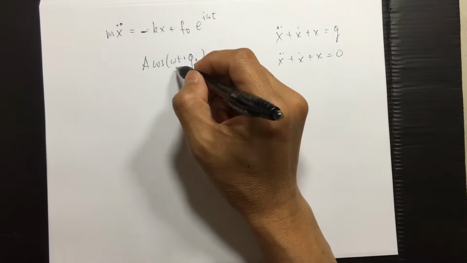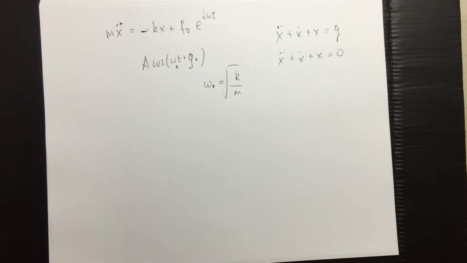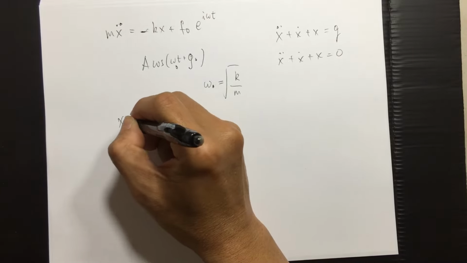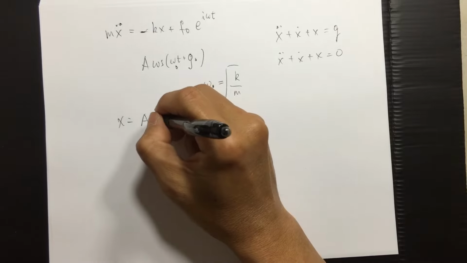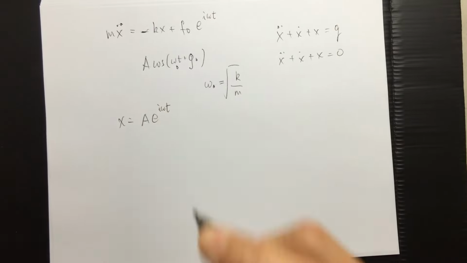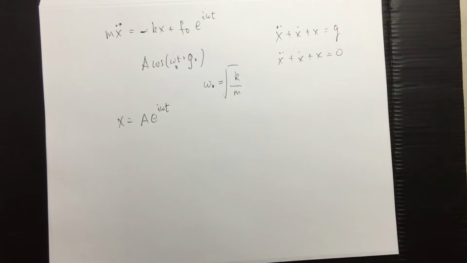So this is the solution of the free situation. In order for me to find that unique one, I'm going to call this x equals A, some kind of amplitude, e^(i omega t).